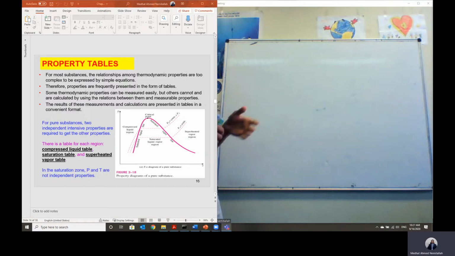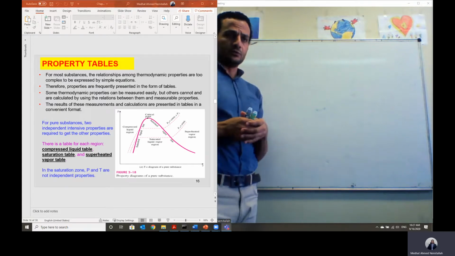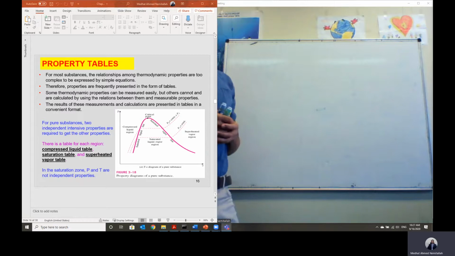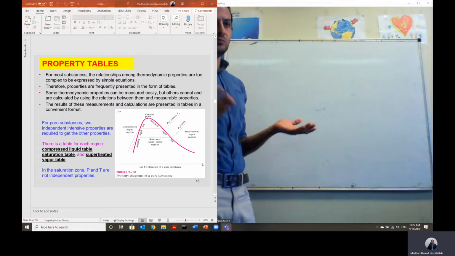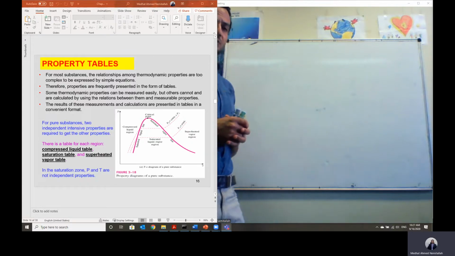the properties of steam. Also, the second major application for thermodynamics is the refrigeration and air conditioning system. These are cooling systems. In refrigeration, we are cooling things like a food compartment, like the fridge or any refrigeration system in a supermarket.